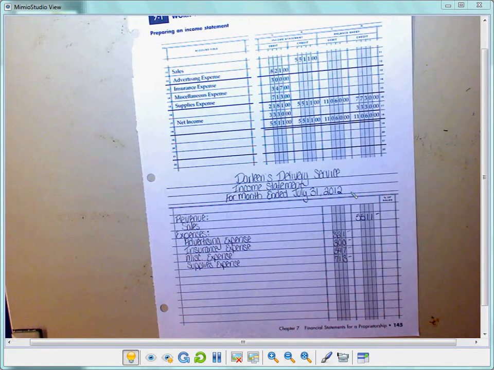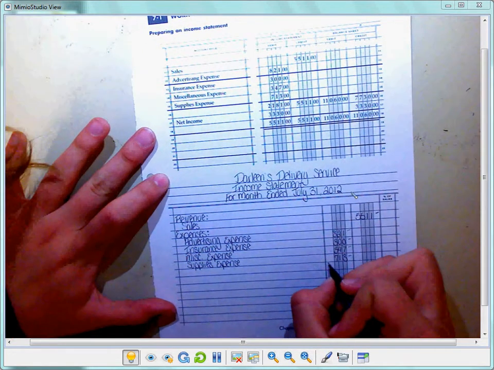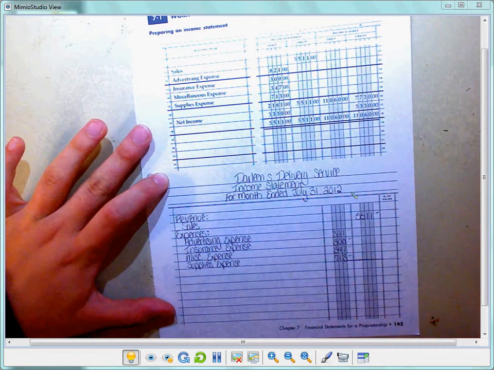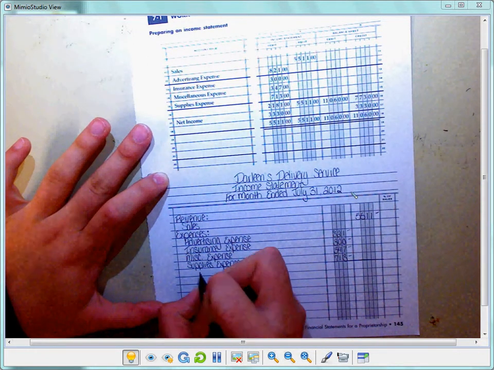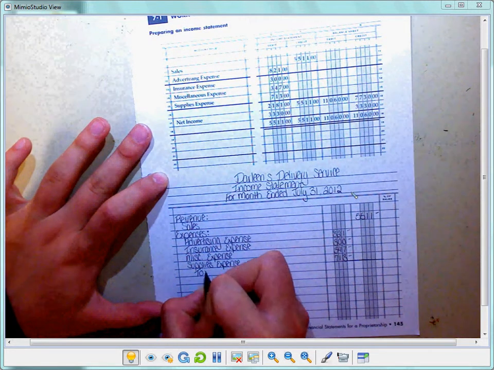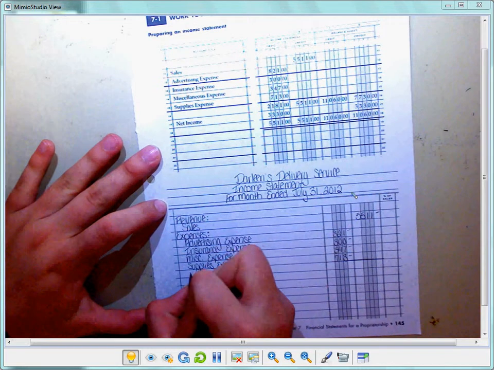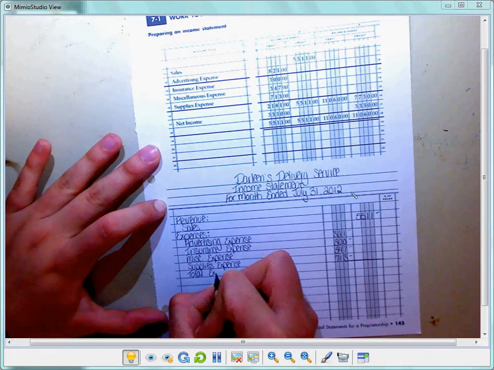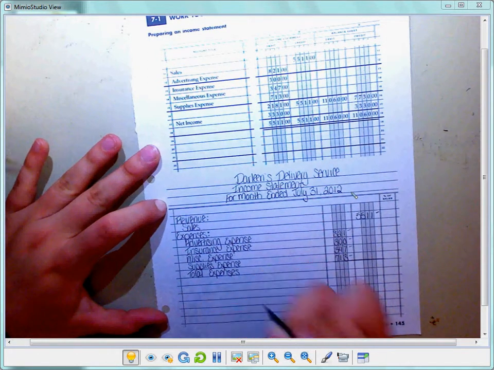Okay, then under 713, do a single rule. Below supplies expense, we're going to write total expenses, and that needs to be indented. So we would add up our expenses.